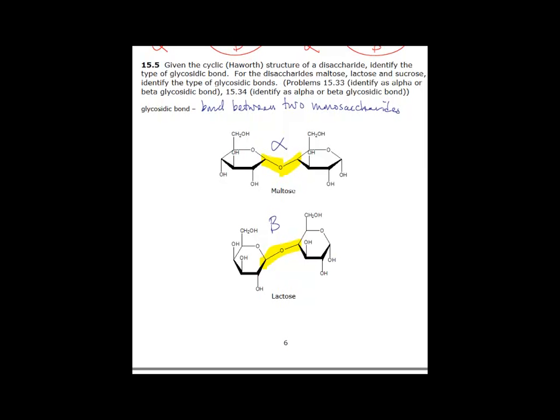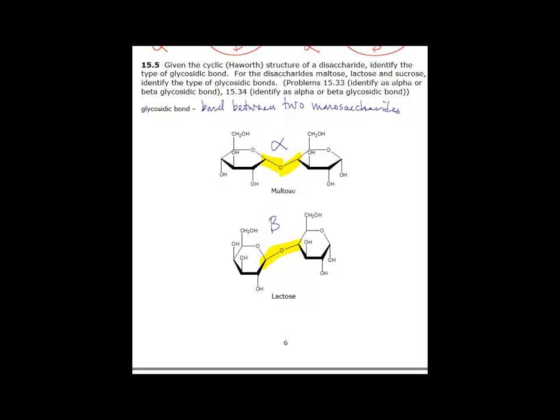Now, you've heard of people being lactose intolerant. So it turns out that there's a specific enzyme that you need to have in order to catalyze the breaking down of lactose. So you need to have lactase. If you don't have lactase, you're lactose intolerant. So you can't cleave that bond because your body does not digest beta glycosidic linkages unless you have lactase.